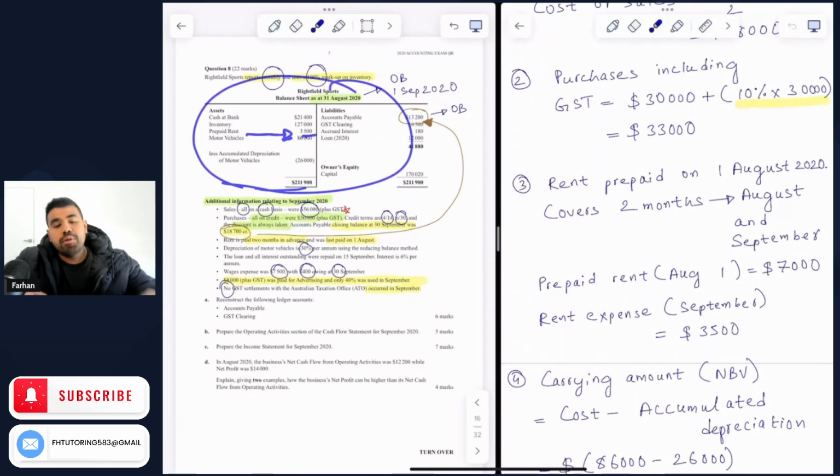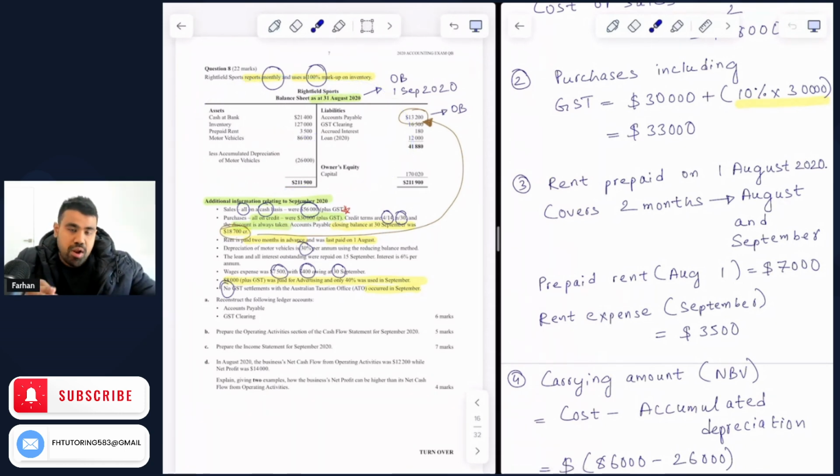And this economic benefit, the prepaid rent of $3,500 that remained at 31 August 2020, would have been entirely consumed in the month of September 2020. How can we say that with conviction? The additional information clearly mentions that rent is paid 2 months in advance and was paid on 1st of August.